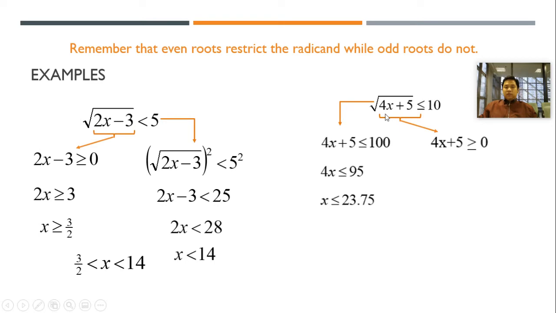The condition from 4x plus 5 tells us that x is greater than or equal to negative 5 over 4, or negative 1.25. Again, the set that satisfies these two will be the solution. X is between negative 1.25 and 23.75. Because we have an or equal to sign, it's allowed for our solution.